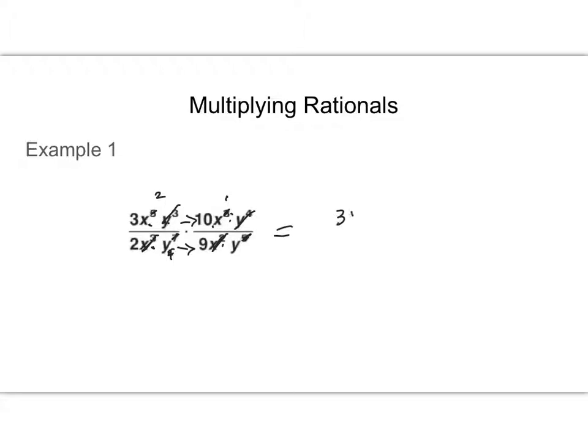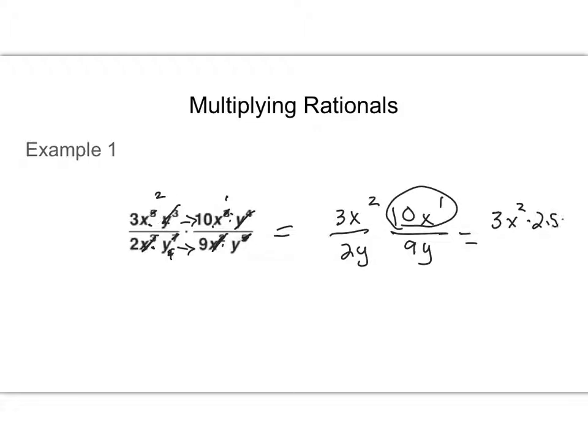From that, I get 3x squared times 10x to the 1st over 2y times 9y. And sometimes we don't think of factoring in the simplest of ways you can factor, but 10, if I break this down into factors, it's 2 times 5 times x, and in the bottom I have 2y times 3 times 3 times y.